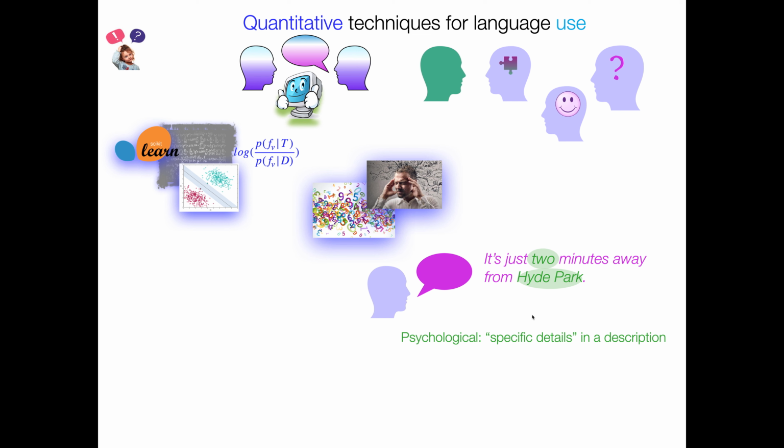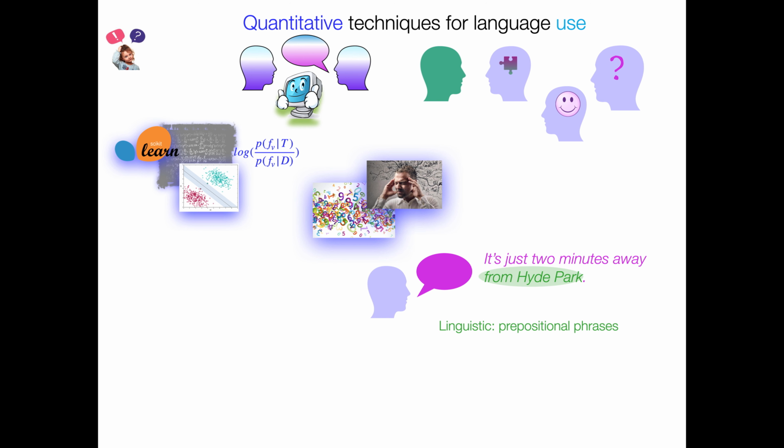So if you look at this description, the fact that someone says it's 2 minutes away, in fact it's 2, it's not just "it's close by", and from Hyde Park, an actual location, these are implementations of what a specific detail might be, this psychological construct of how specific a detail is.